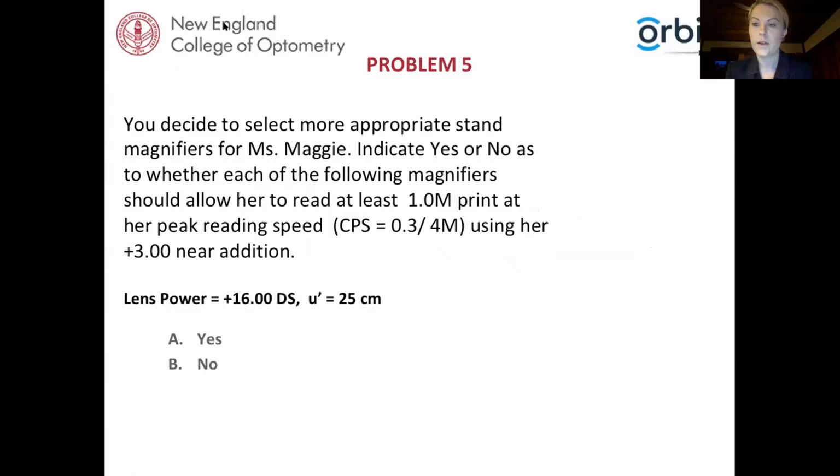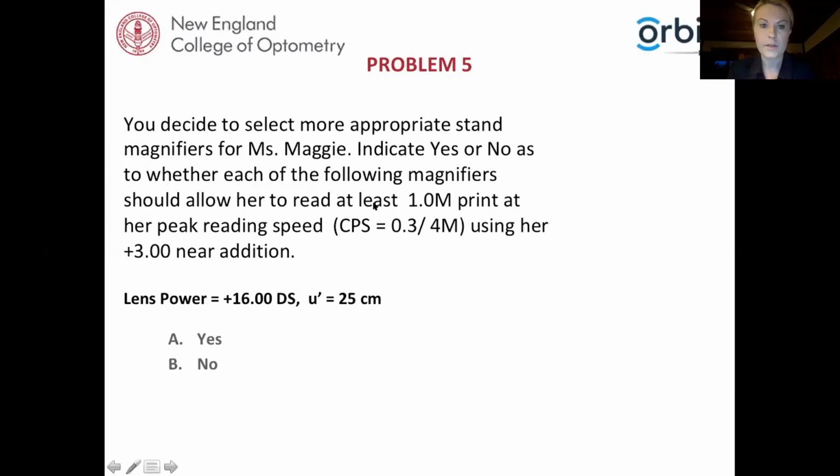Here, the question is asking whether the equivalent power needed for this patient, based on the reading assessment, is less than or equal to the equivalent power of the device, because we want the device to have a bit more power or be equal in power to our estimate.